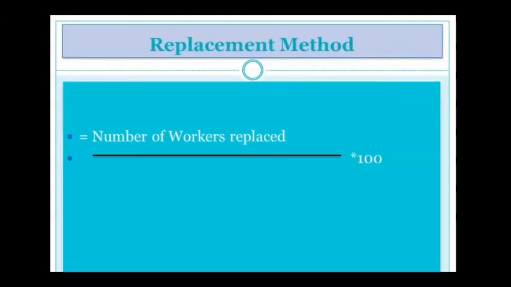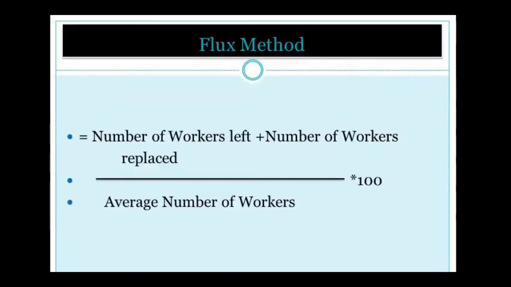Here the formula is number of workers replaced divided by average number of workers, into 100. The third one is the flux method. The formula for the flux method is number of workers left plus number of workers replaced, divided by average number of workers, into 100.